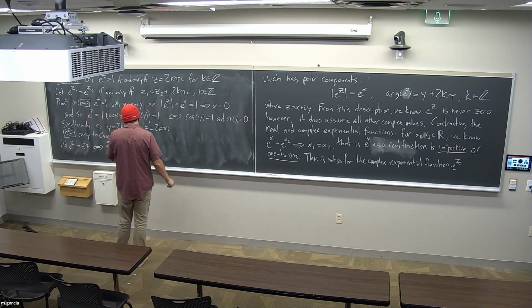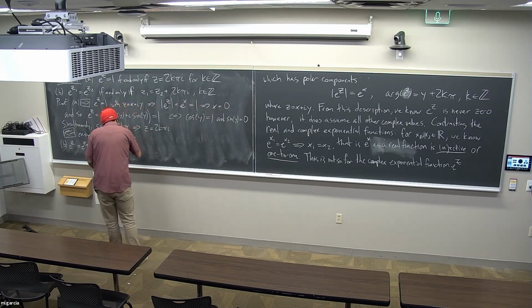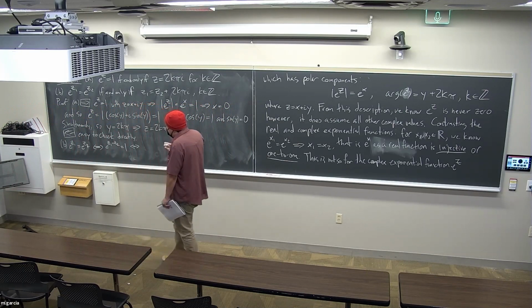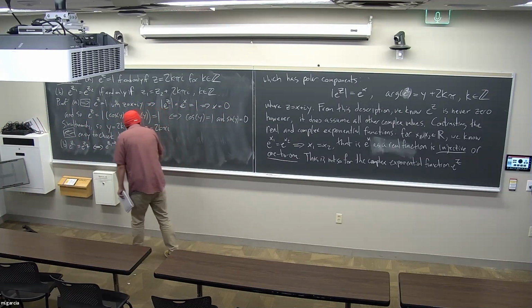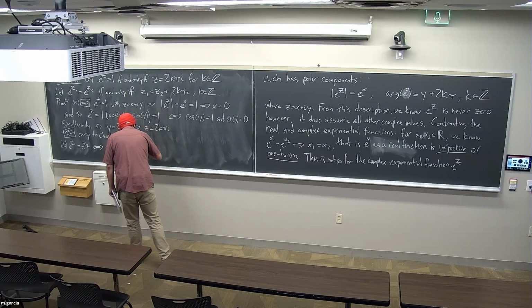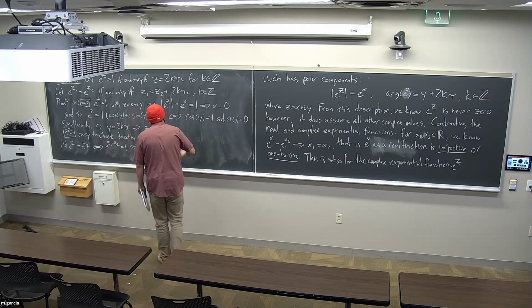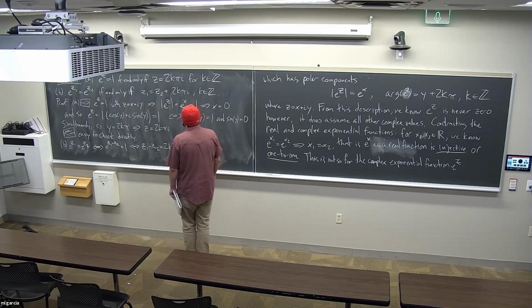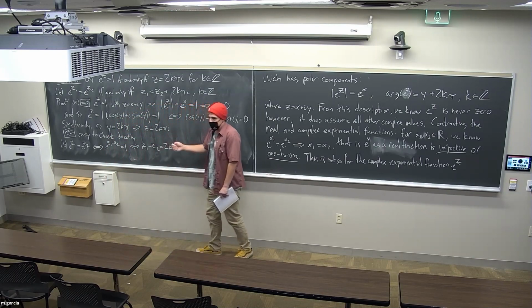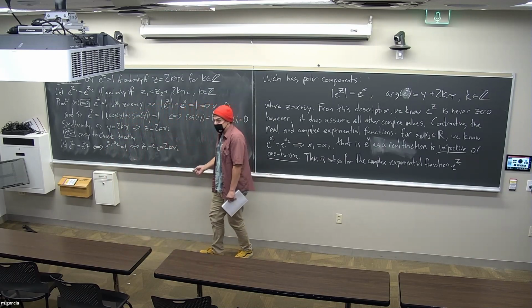Right? Part A tells me this is the case if and only if z1 minus z2 is equal to 2k pi i. Okay, so I just add z2 to both sides and I'm done. Right?